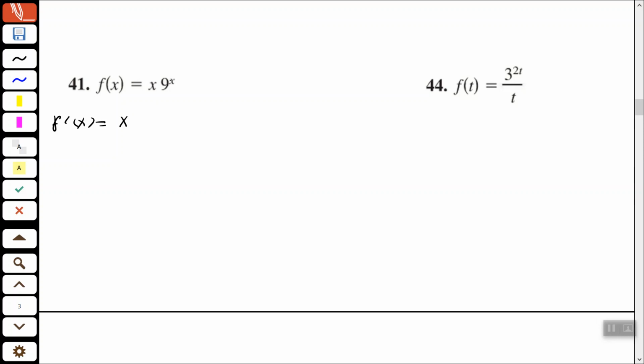Well, we know that the derivative of 9 to the power of x is going to be the natural log of 9 times 9 to the power of x, then plus the second times the derivative of the first. So 9 to the power of x times the derivative of x, which is 1.